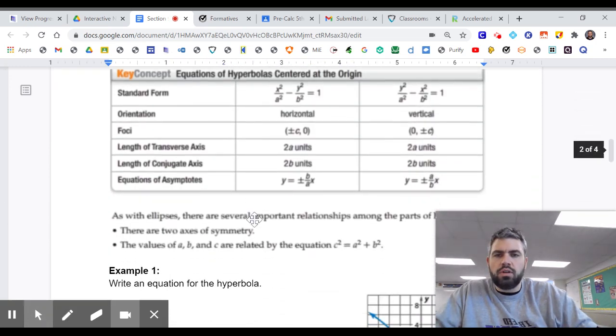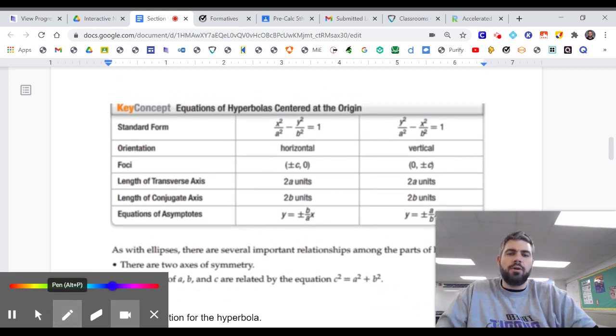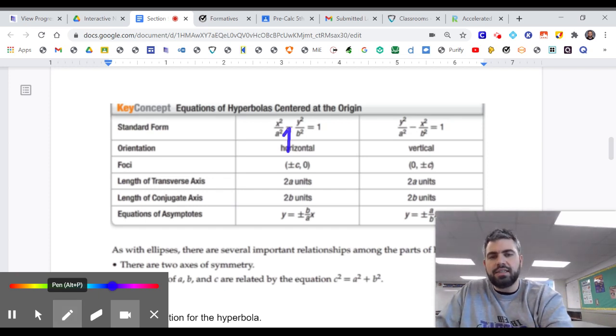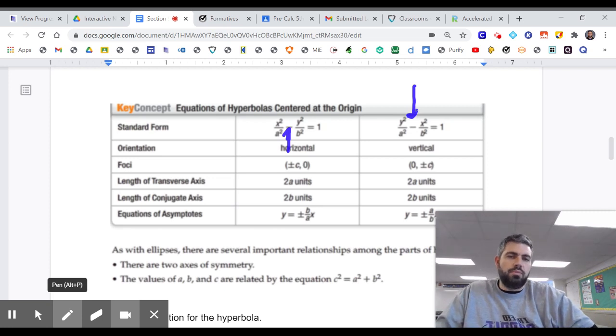Okay, so let's look at our equation. We notice that it's very similar to an ellipse equation. The only difference, like I said, is there's a minus sign there. Same with the vertical ones: minus sign, y comes first. Remember, 2a is the length of the transverse axis, and 2b is the length of the conjugate axis.